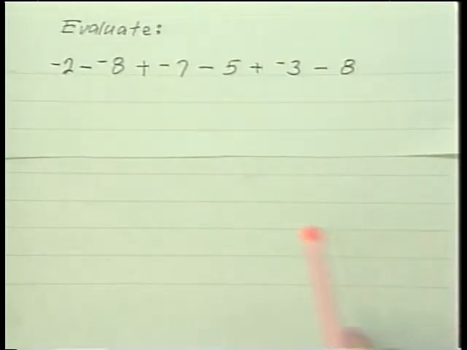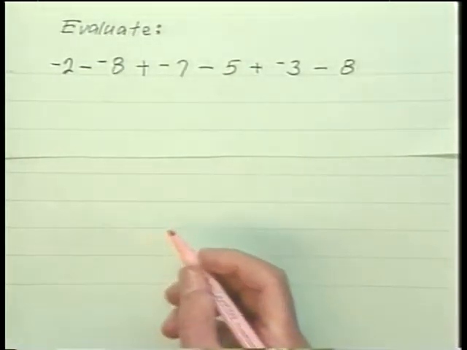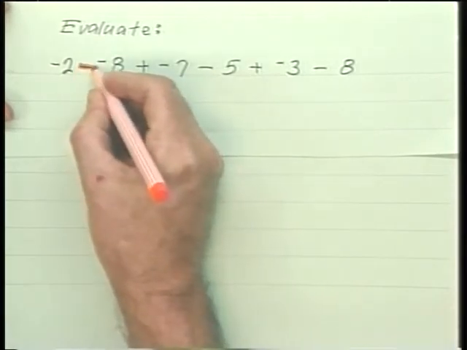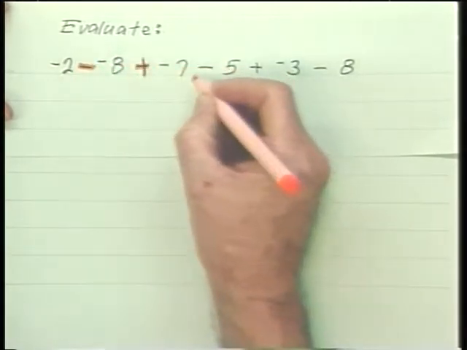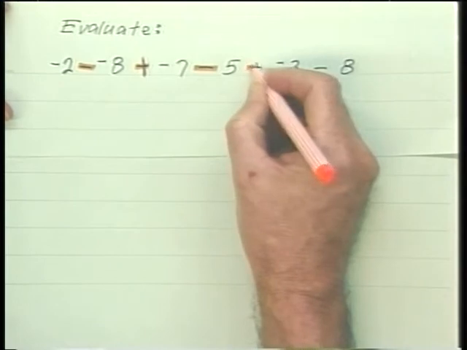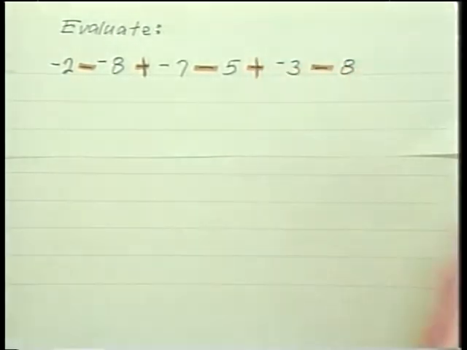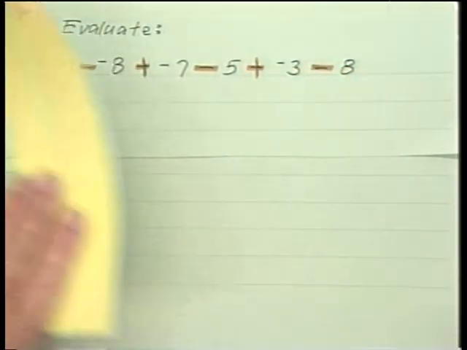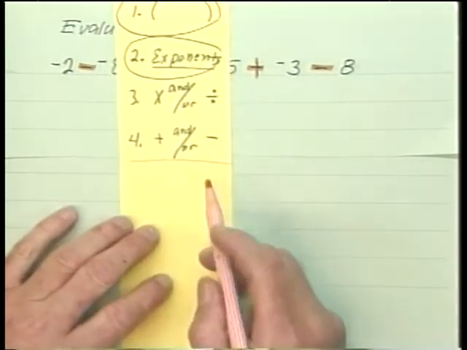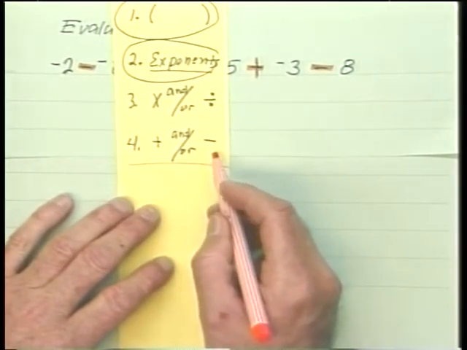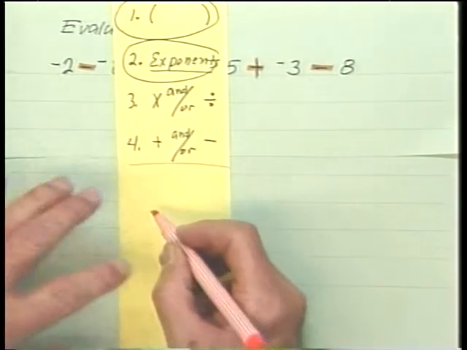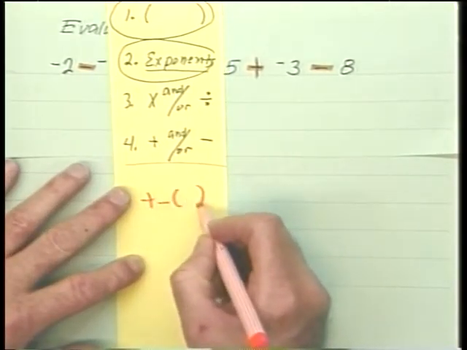One more just to raise a special point. Here, identifying the operations first, we have subtraction, addition, subtraction, addition, subtraction. Realize because of the special nature of subtraction, that subtraction really means opposite, add the opposite of what's following.